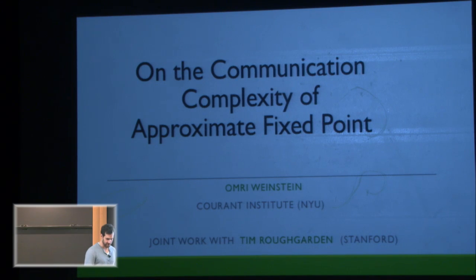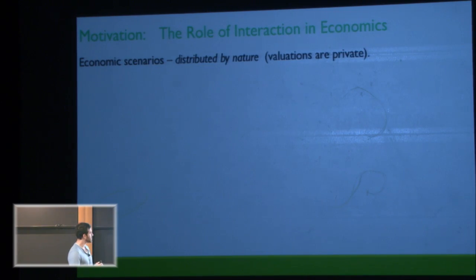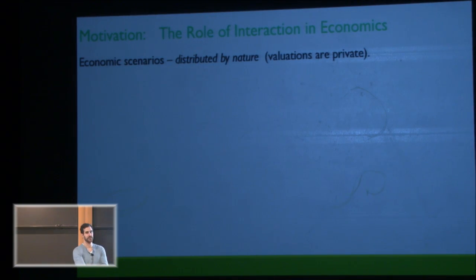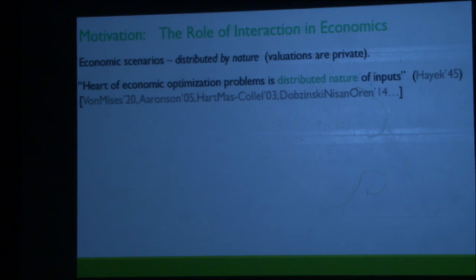So this is joint work with Tim Roughgarden, and the high-level motivation for this work is trying to understand the role that interaction plays in distributed economic scenarios. The general observation here, which is not new and was pointed out several times in the past, is that most of the economic scenarios we're familiar with, such as auctions, market design for resource allocation, and so forth, are inherently distributed because the inputs, the valuation profiles of the players, are assumed to be private.